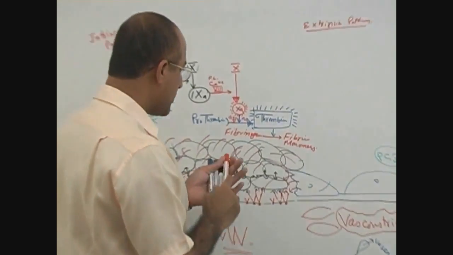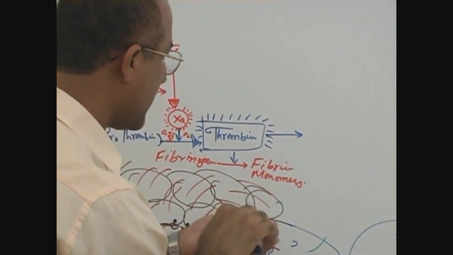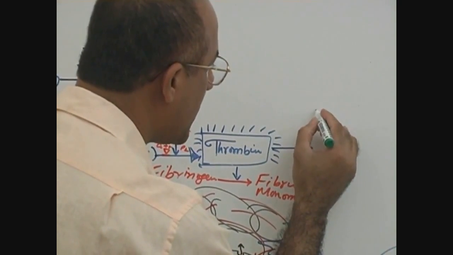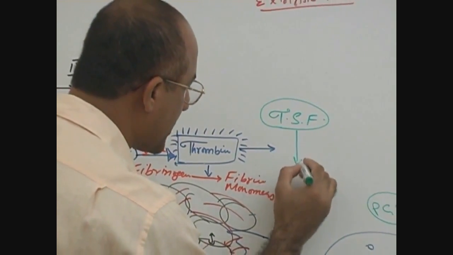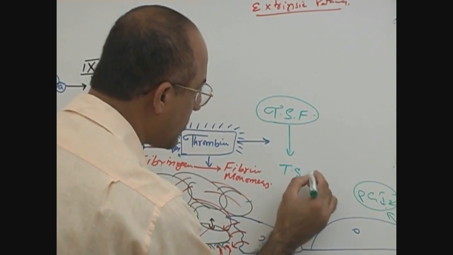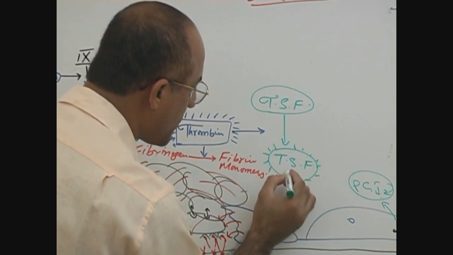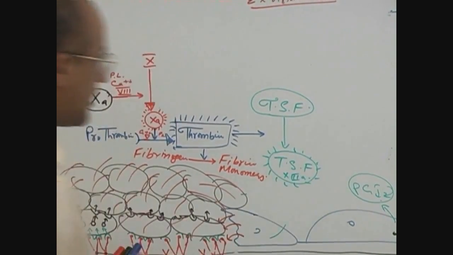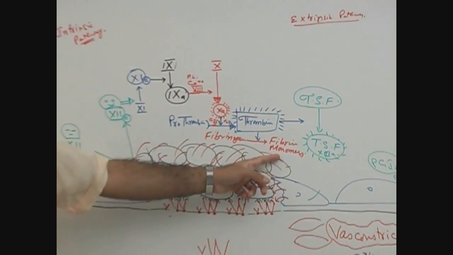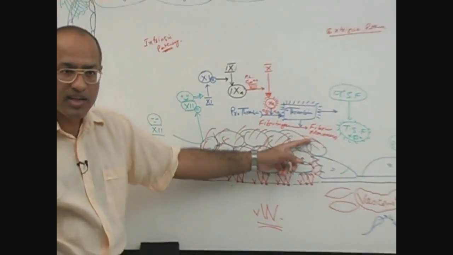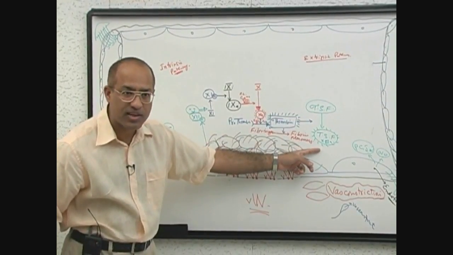Meanwhile, thrombin also activates another substance called thrombin stabilizing factor, which is also called factor number 13. So thrombin can produce the fibrin monomers, and at the same time it activates factor number 13, the fibrin stabilizing factor.